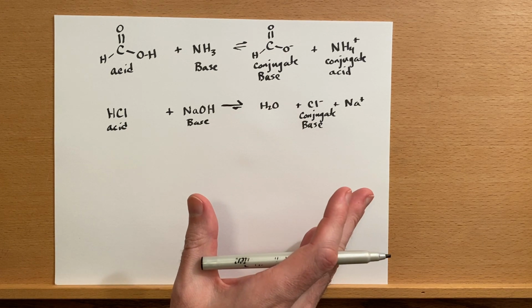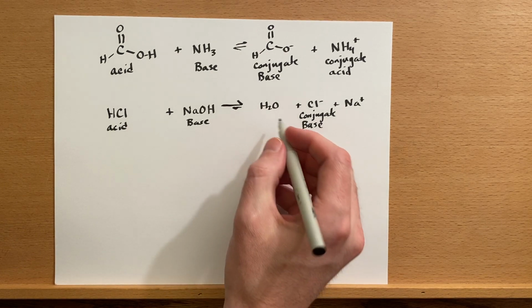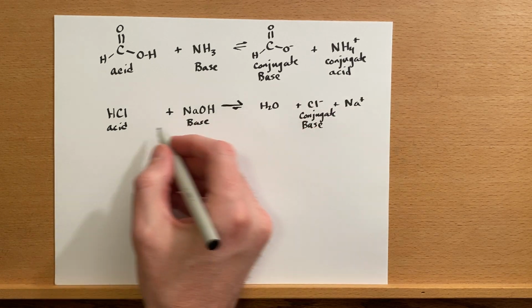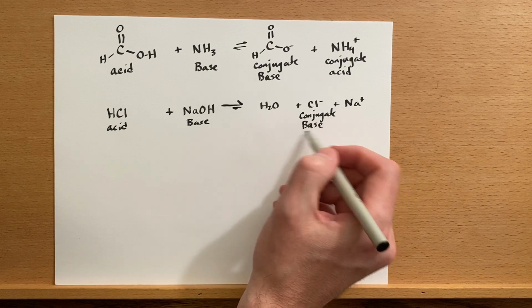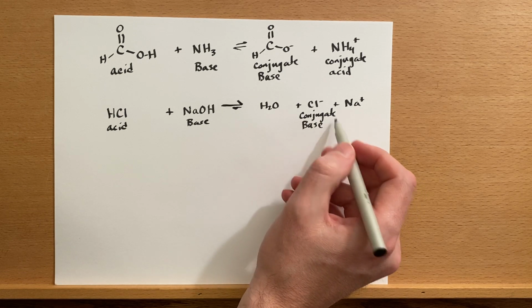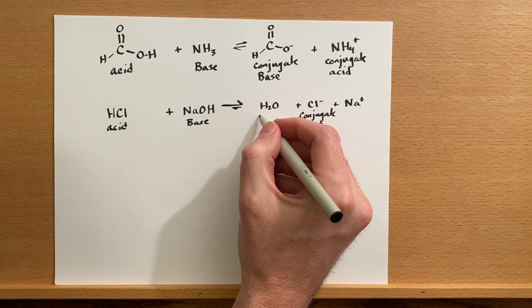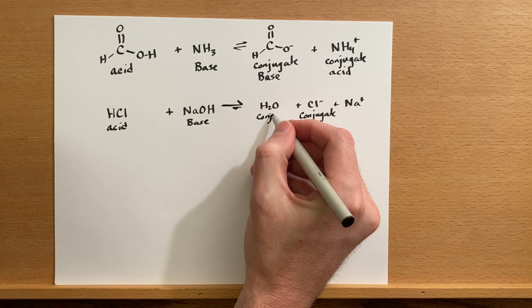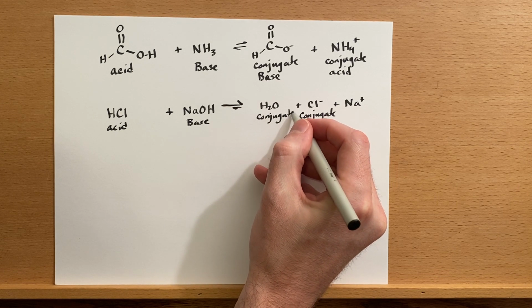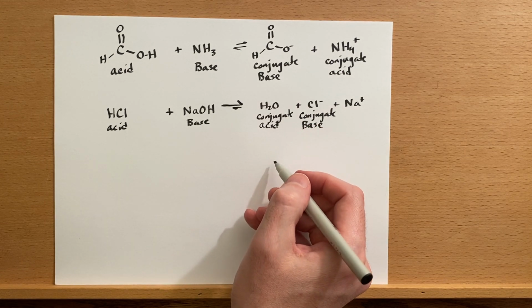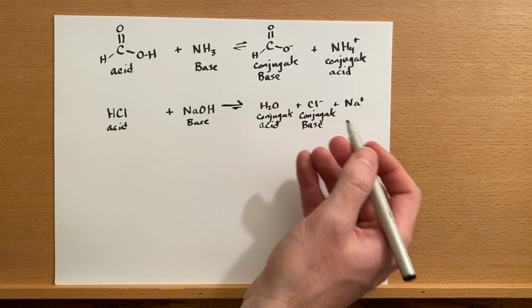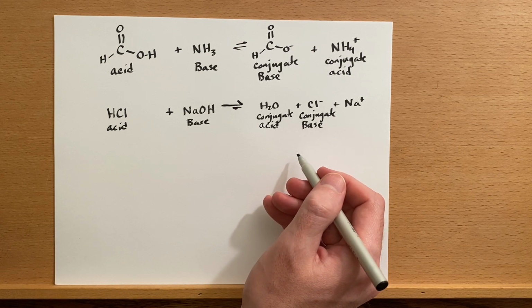Now, again, it's not a very good acid. And in cases where a strong acid and a strong base react with each other, normally we don't even think about it too much about the conjugate base or the conjugate acid. But there they are. And you might say, well, what's the sodium?